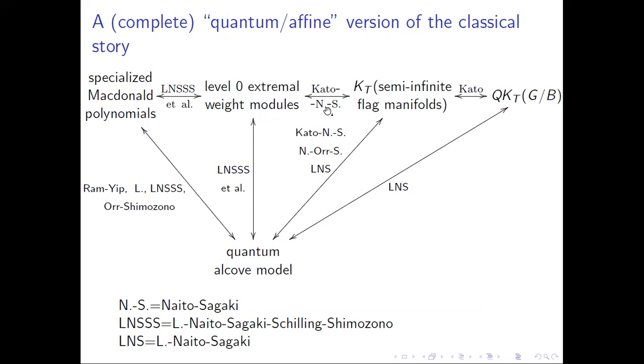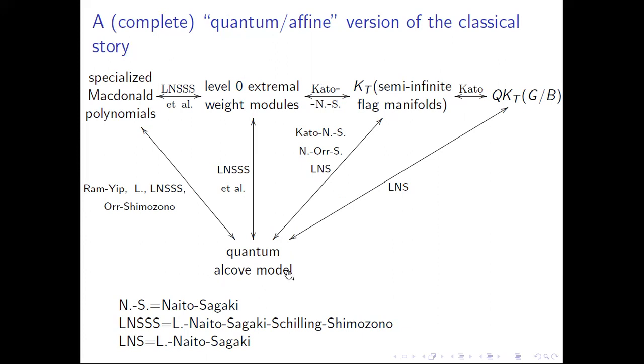And then Kato-Naito-Sagaki related these affine modules to the T-equivariant K-theory of a certain affine flag manifold, but not the standard one, a certain non-standard version called the semi-infinite flag manifold. And then Kato recently had a breakthrough which related this K-theory of the semi-infinite affine flag manifold to quantum K-theory of the finite type flag manifold.